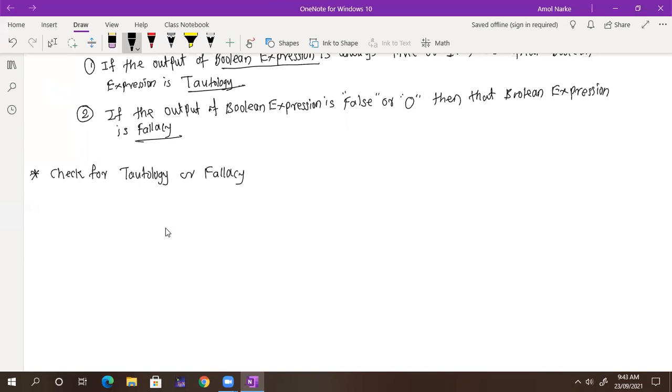Number one. So let's take one example. What we have here is P plus Q its complement, with P and Q. So check whether it is tautology or what, and tell me.